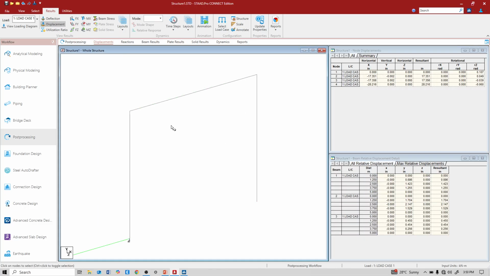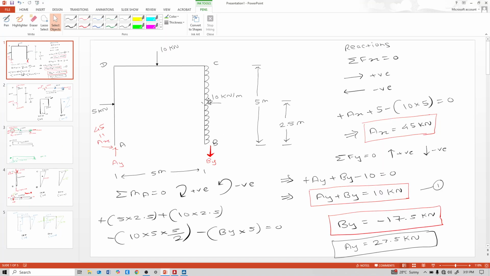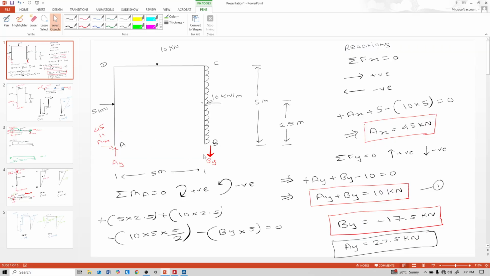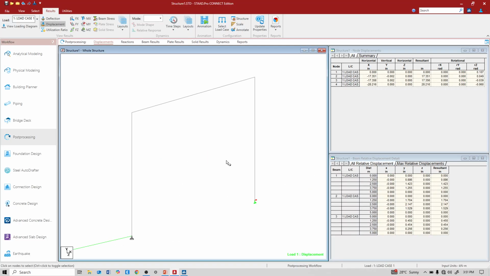See deflection. Because from this side more load, 10 kilonewton per meter load acts, and this is roller support. Now shear.